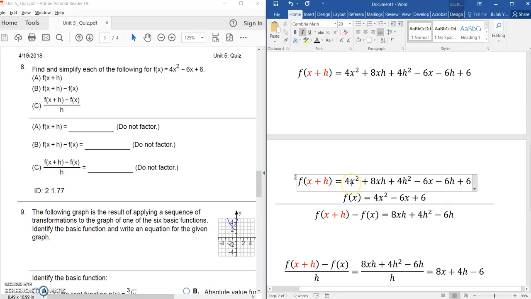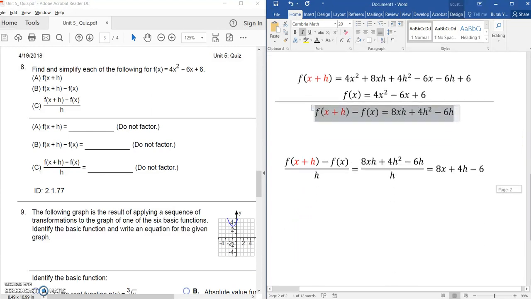So 4x squared is cancelled out, minus 6x is cancelled out, and this 6 and this 6 are also cancelled out. The only thing that's left is 8xh, and then 4h squared, and then minus 6h. So this is the answer, and that's B.